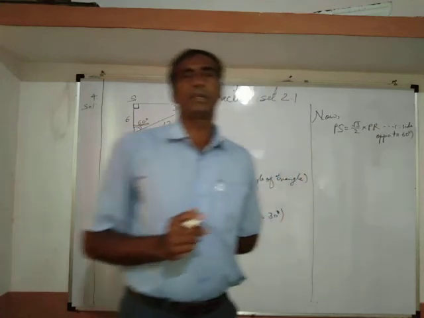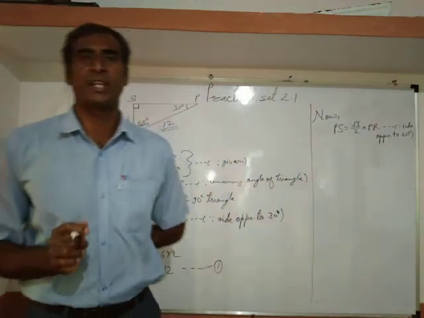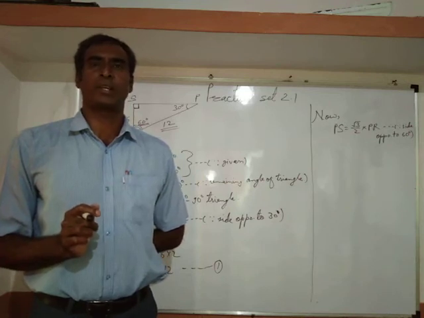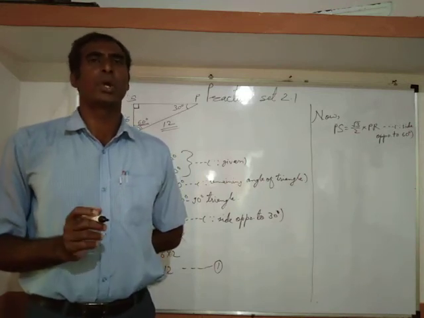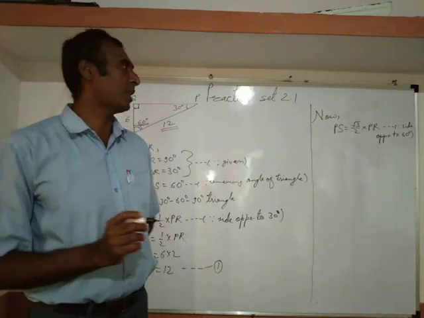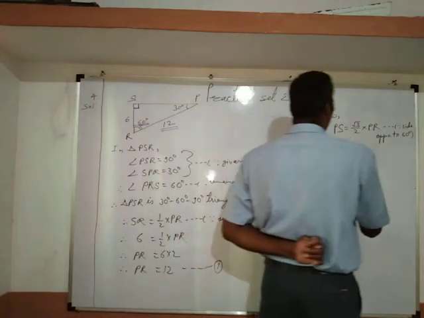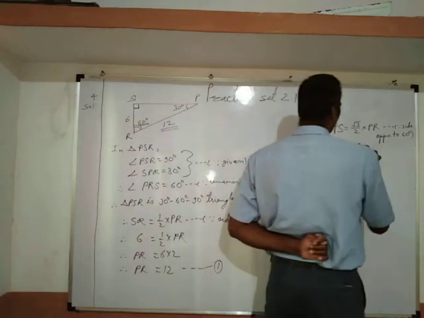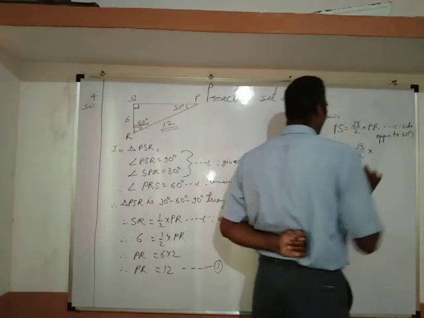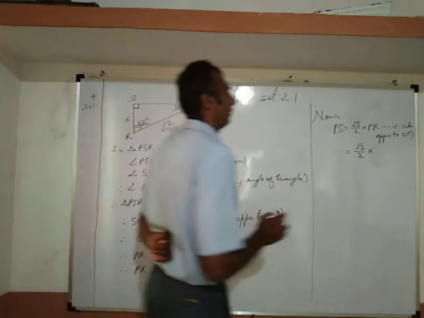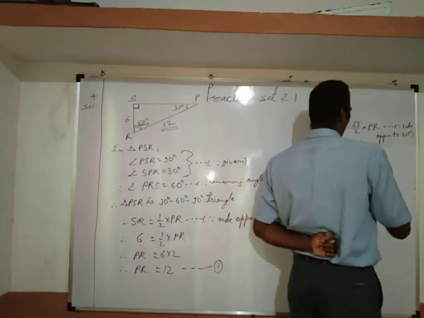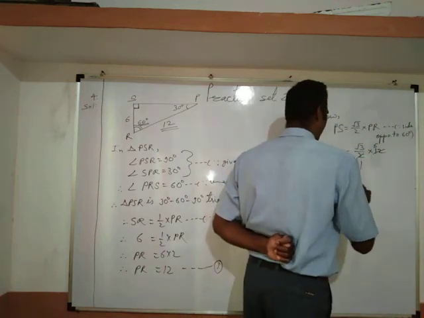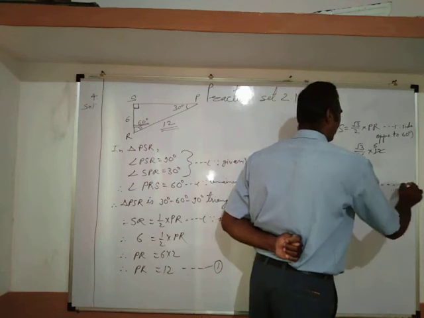We know that if the angles of a triangle are 30, 60, 90 degrees, then the side opposite to 30 degrees is half of the hypotenuse, and the side opposite to 60 degrees is root 3 by 2 times the hypotenuse. That's why we wrote PS equals root 3 by 2 into PR equals root 3 by 2 into 12. 2 ones are 2, 2 6s are 12, and therefore PS equals 6 root 3.